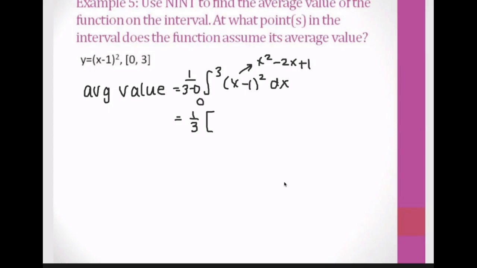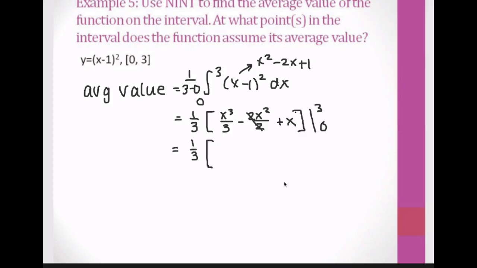So the power rule gives me x cubed over 3 minus 2x squared over 2 plus x. Now no plus c because this has bounds. So 3 to 0. Cancel those 2's. So you get 1/3.